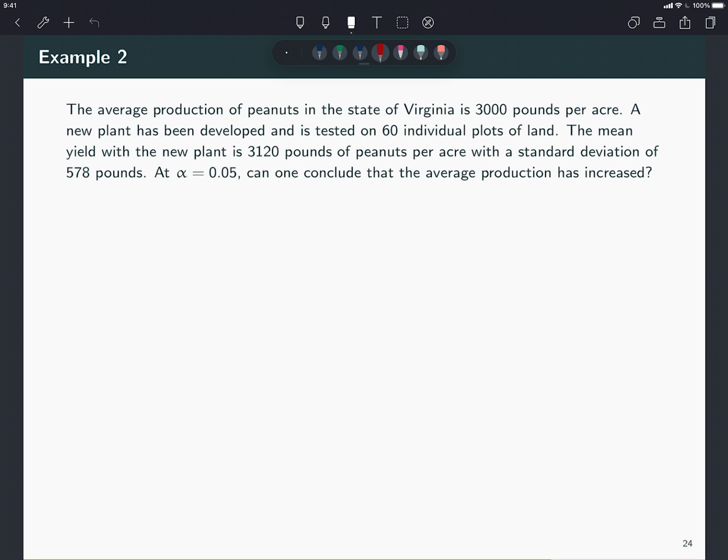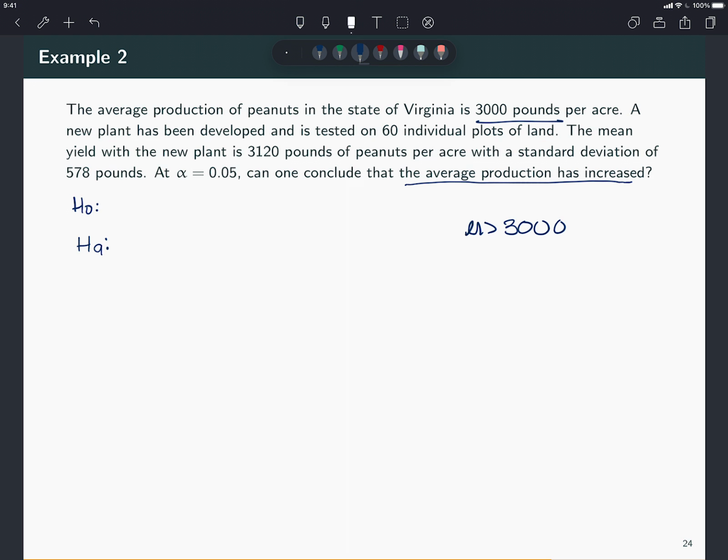So the first thing we do in this problem is to set up the hypotheses. So the H0 and the HA. I have to read that from the problem. The question is asking, can we conclude that the average production has increased? Has increased means that the mean is going to be bigger than the 3,000 that was given.